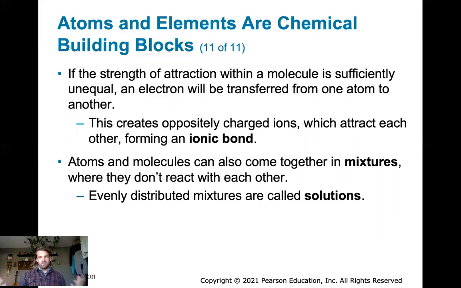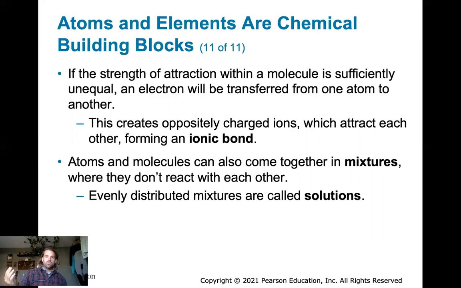Table salt is the classic NaCl, right? That's a classic ionic bond where the chlorine atom is so much more electronegative that it physically takes an electron from the sodium atom, okay?